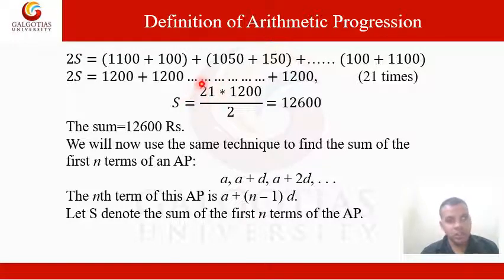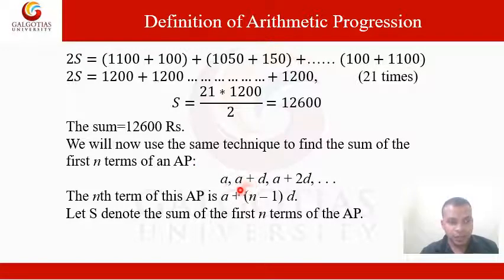On her 21st birthday she was putting in some amount of money, so this 21 represents the total number of years. This is calculated as 12,600. The sum of her collection will be 12,600.